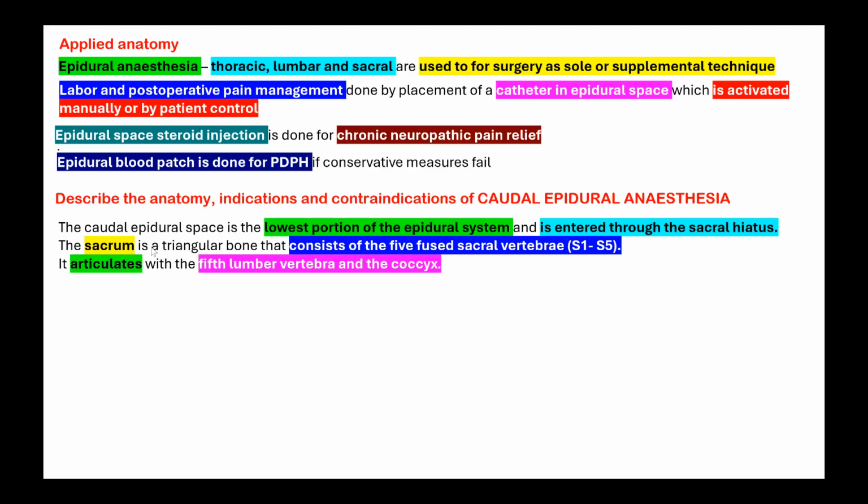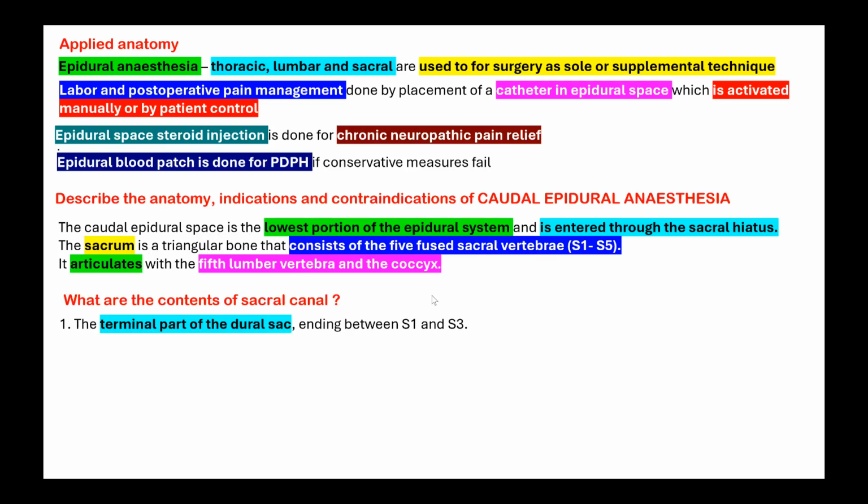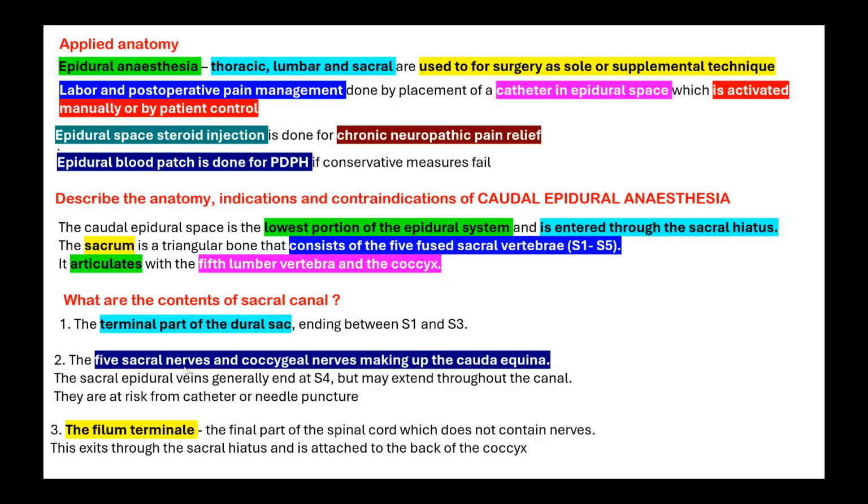The sacrum is a triangular bone, a fusion of all the 5 sacral vertebrae from S1 to S5, and it articulates with L5 above and the coccyx below. The contents of the sacral canal are the terminal part of the dural sac, which ends between S1 and S3 level, S1 in adults and S3 in children, and the 5 sacral nerves and coccygeal nerves making up the cauda equina.